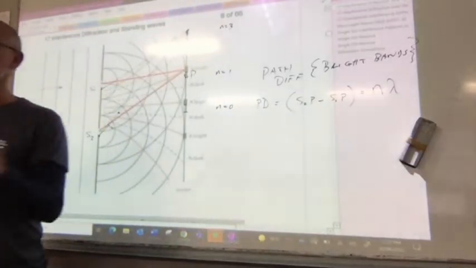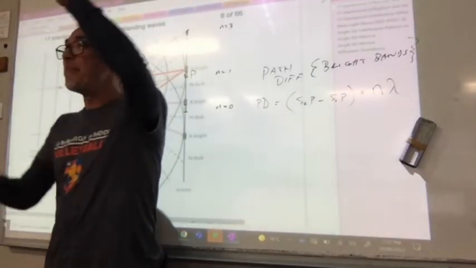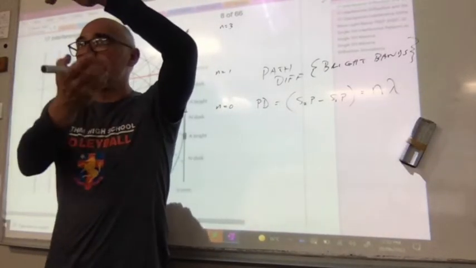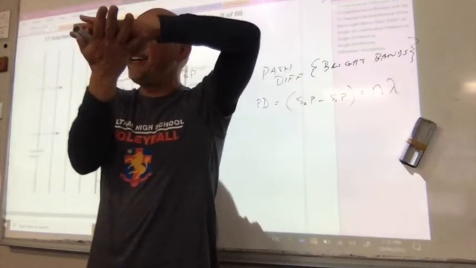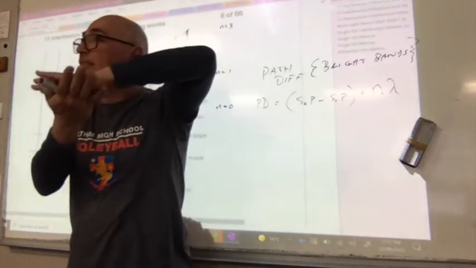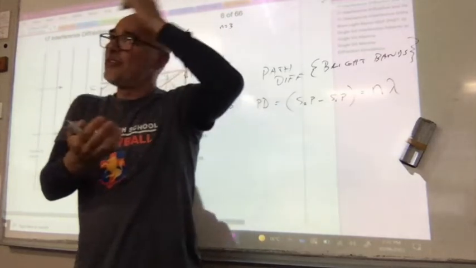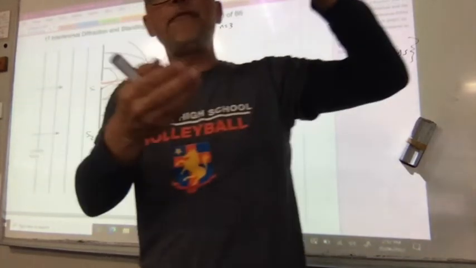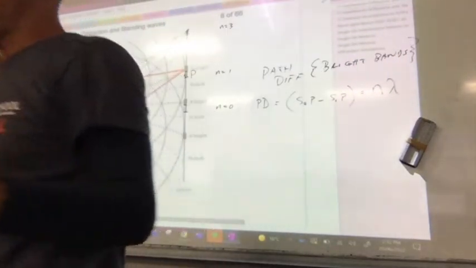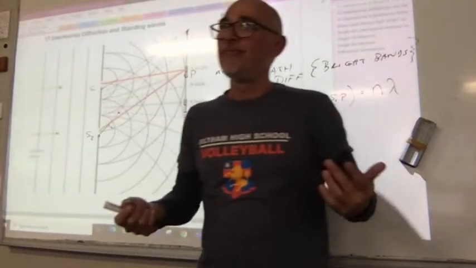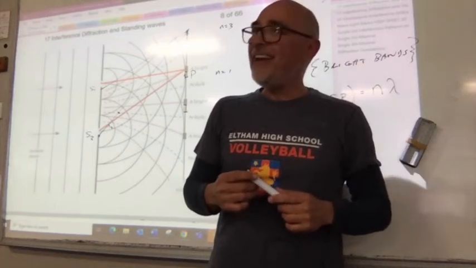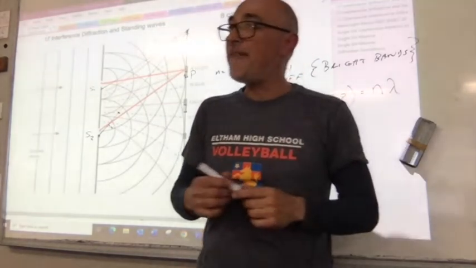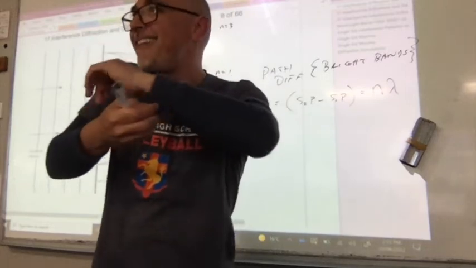For dark bands, the condition is you want a trough to meet a crest, and they cancel each other out for that instant, all right? So for a trough to meet a crest, how far off do they need to be? Yeah, a half lambda. They have to be offset by exactly a half.